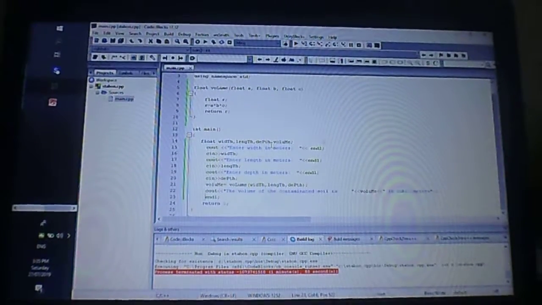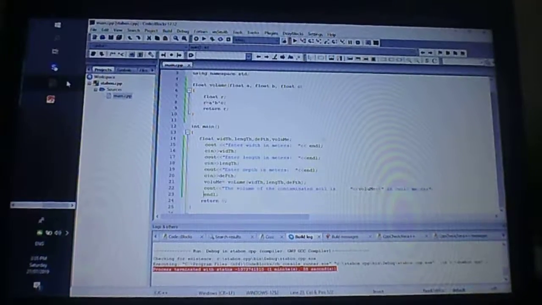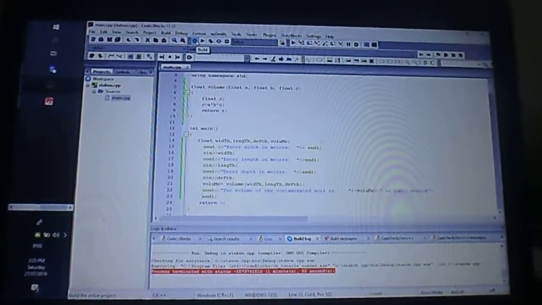A program may be used to compute a volume, such as a volume computed by multiplying the length, the width, and the depth. Such a program may require input of the width.